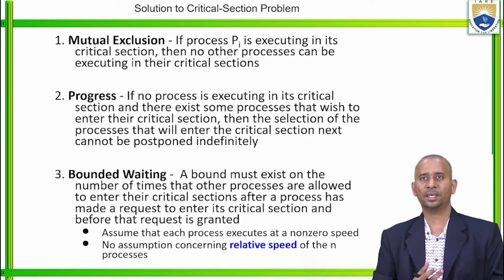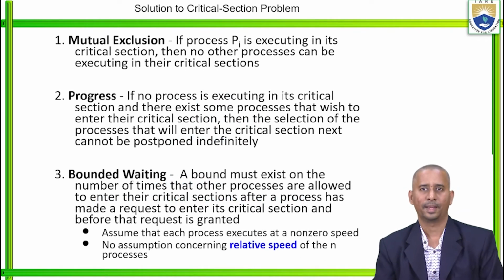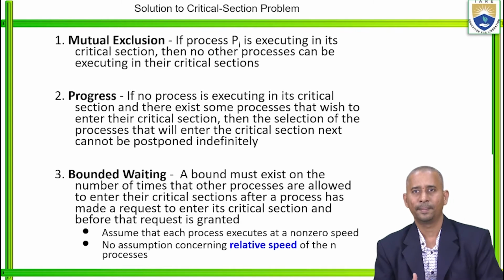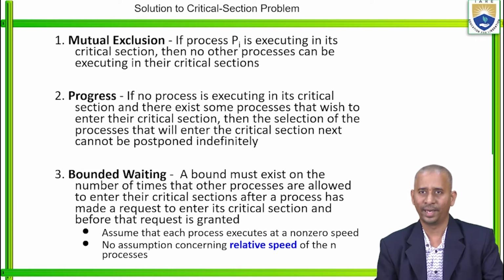Now, what are the solutions to the critical section problem? Basically there are three requirements: mutual exclusion, progress and bounded waiting.